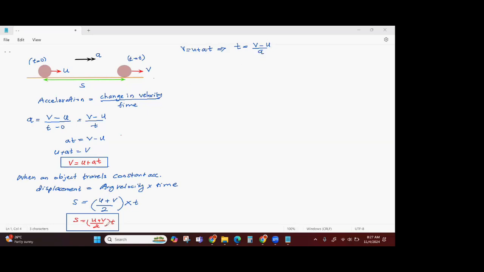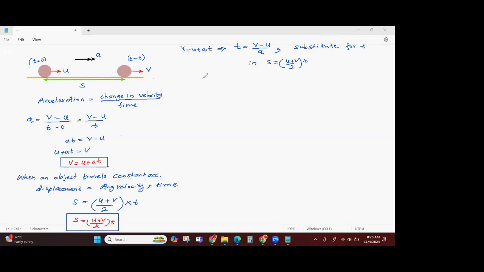So in this equation, I'm substituting for t. I write, substitute for t in s equals u plus v divided by 2 into time.